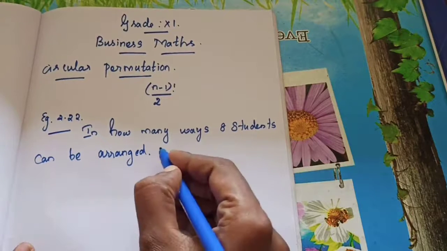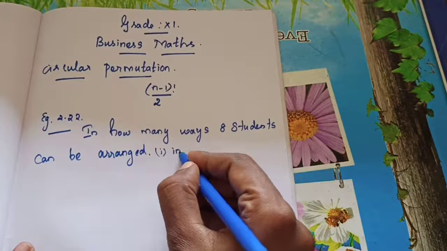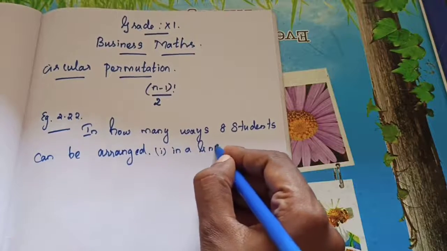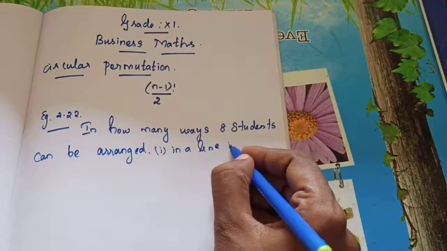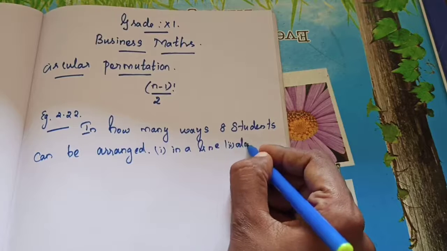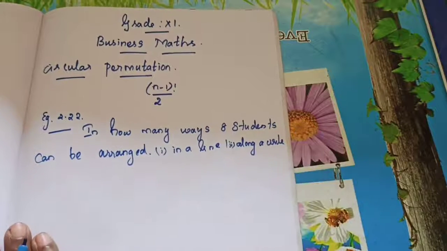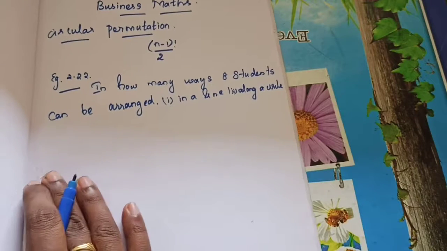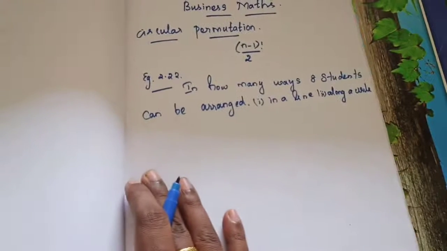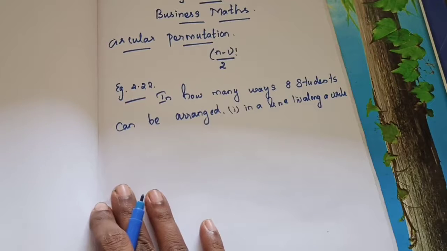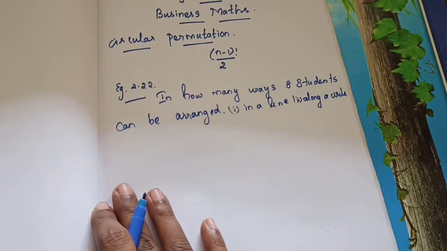The answer is in a line, and another one is along a circle. So in how many ways can 8 students be arranged? In a line you need to find, and along a circle you need to find.